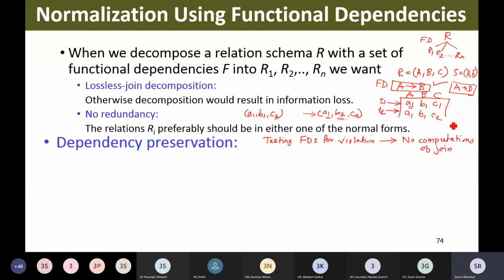So we do not prefer to compute a join for testing functional dependencies. So under dependency preservation, we try to have a decomposition such that for testing the violation of functional dependencies, we need not compute a join of relations.